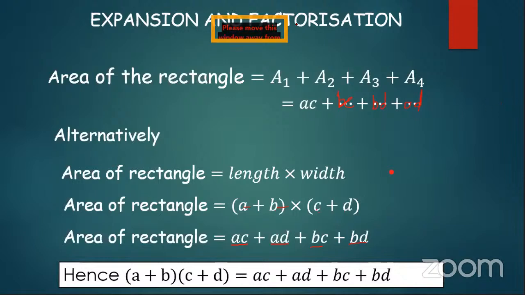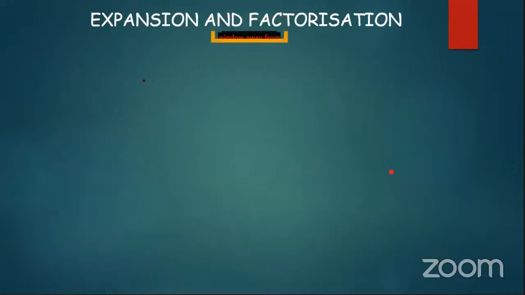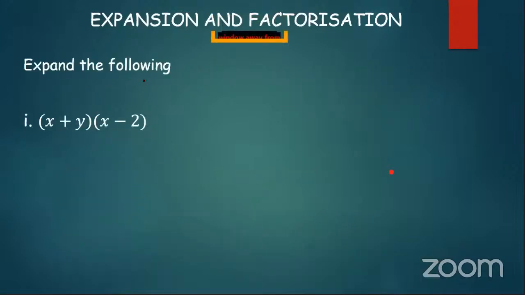Any questions before we proceed? Since there are no questions, we can continue. So we are now going to expand x plus y into x minus 2. What are we going to have as our answers?